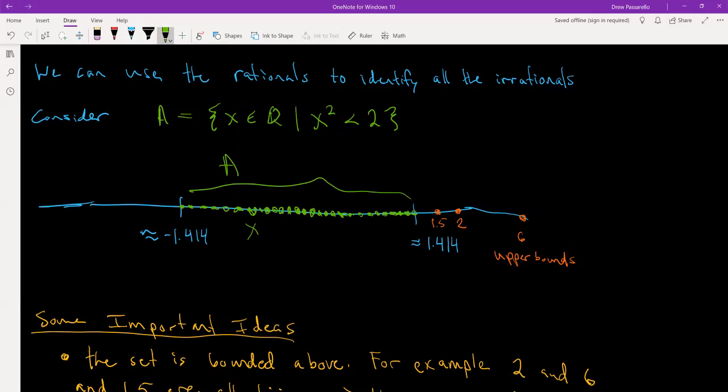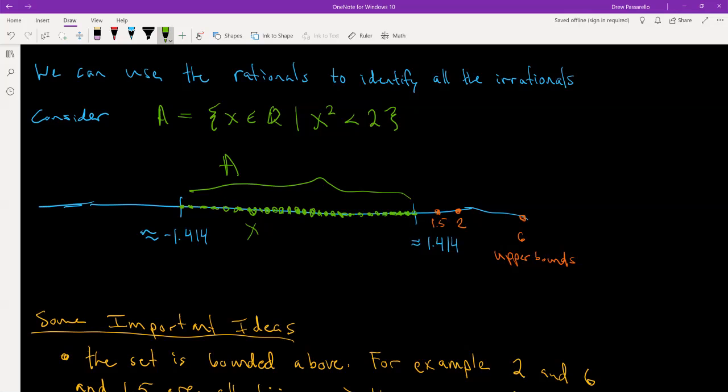We have these gaps in between, so it wouldn't be the entire line shaded, because we're only dealing with the rational numbers in that interval between approximately negative 1.414 and approximately 1.414 for the endpoints, basically square root of 2 and negative square root of 2.